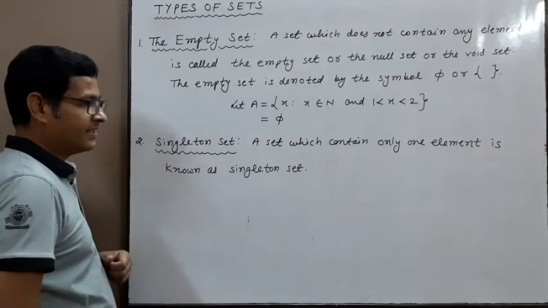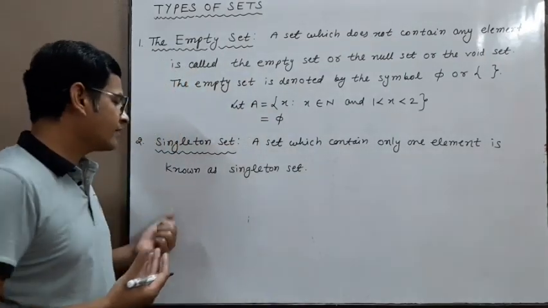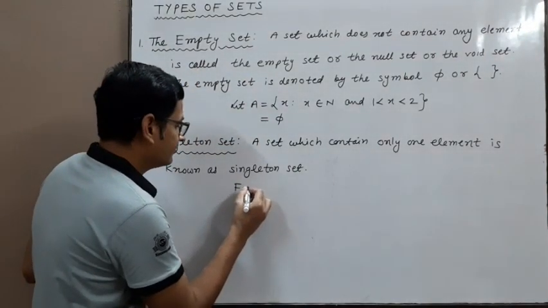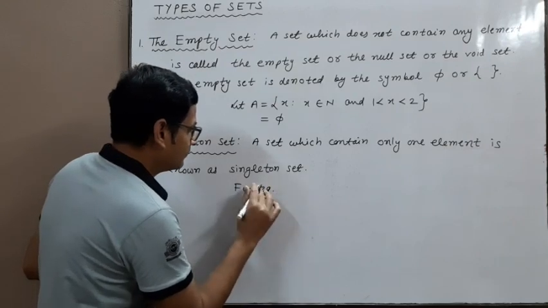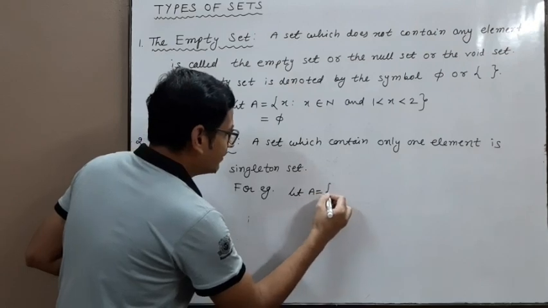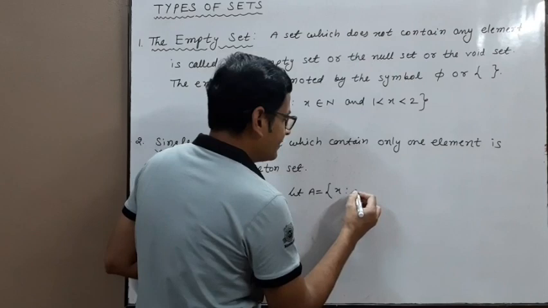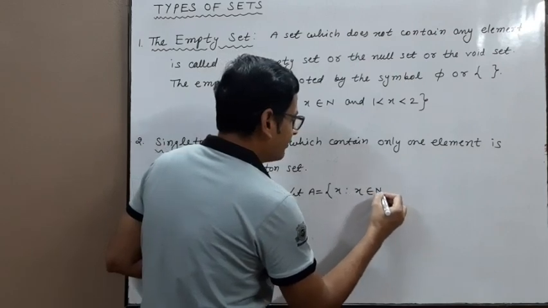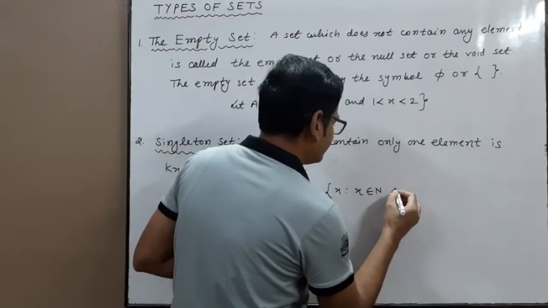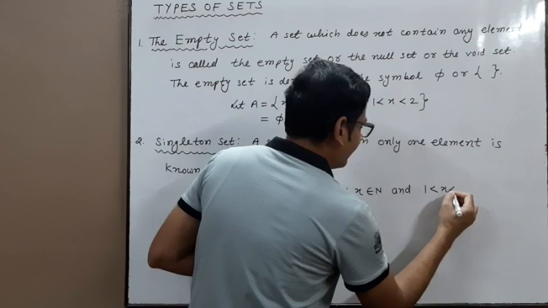Second, singleton set. A set which contains only one element is known as singleton set. For example, let A is equal to a set of elements x such that x belongs to natural numbers and x is greater than 1 and less than 3.